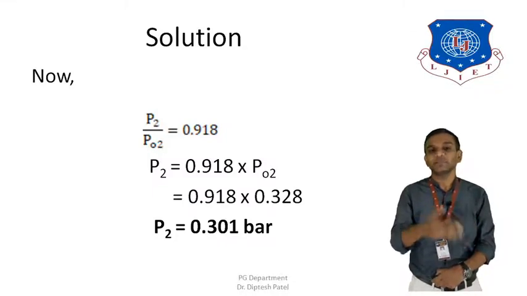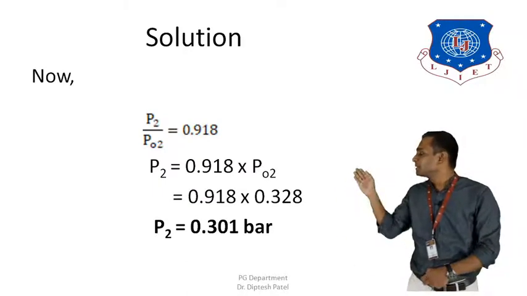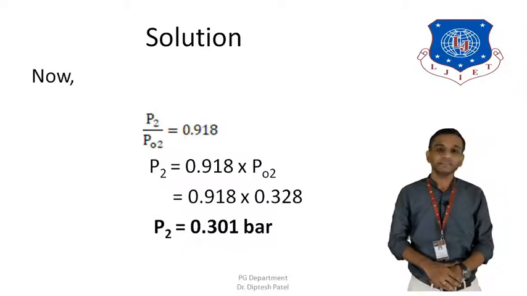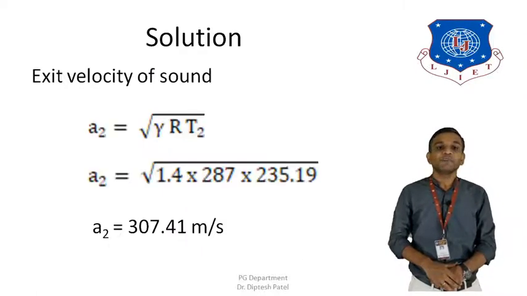So let's write P2 is equal to 0.918 into P02, that is 0.918 into 0.328, and therefore P2 would be 0.301 bar. So this is our third finding. Now let's move forward to the last one.